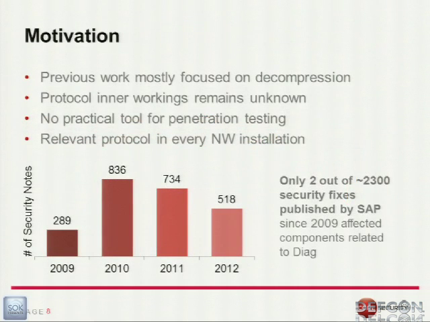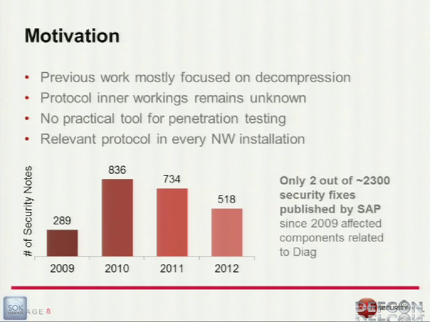So as can be seen, most of the previous work was based on compression and decompression of the traffic, and the protocol's inner workings and details about the packet formats remain unknown. And there's no practical tool to perform a penetration test against this protocol or to make an assessment. So this was mainly the motivation for my research.